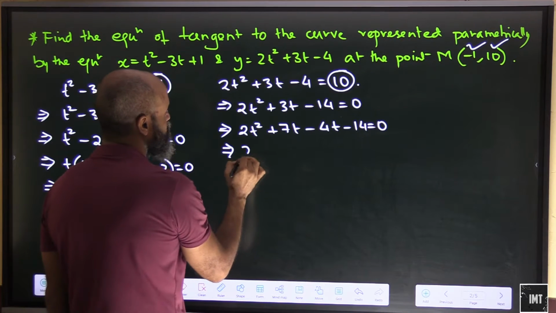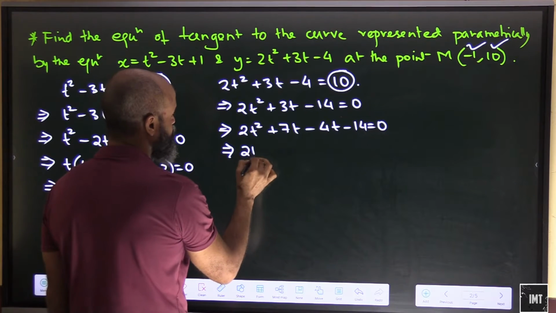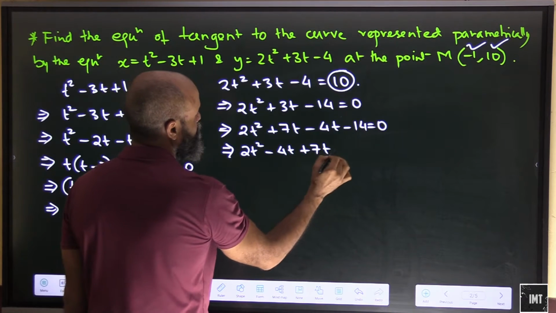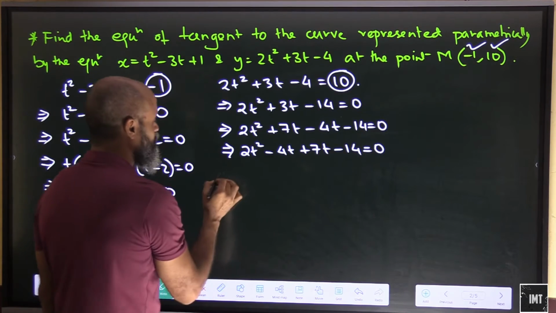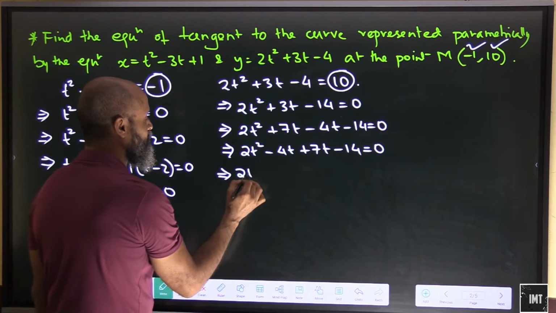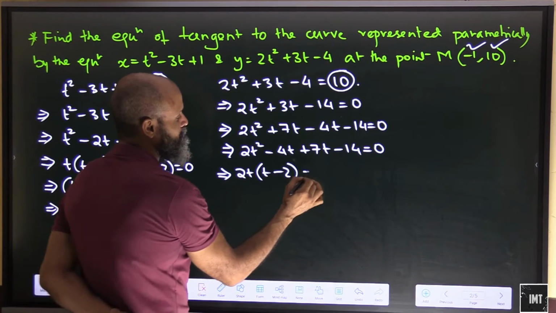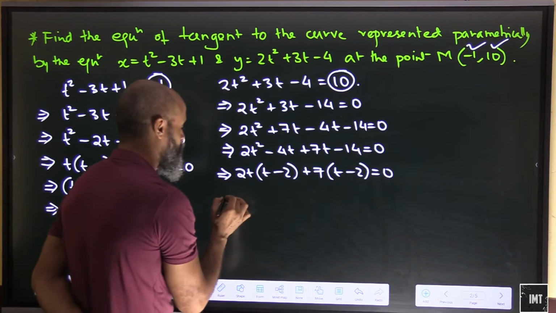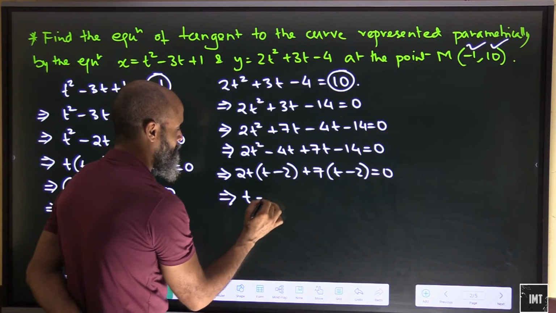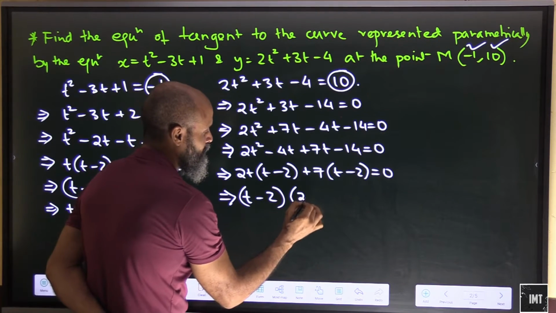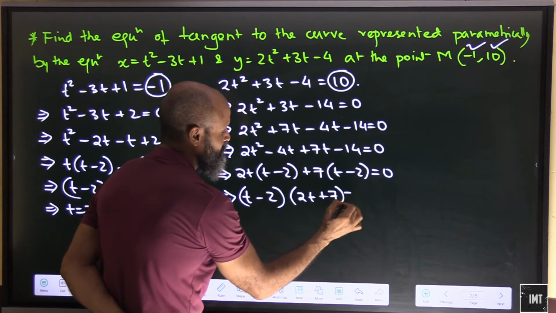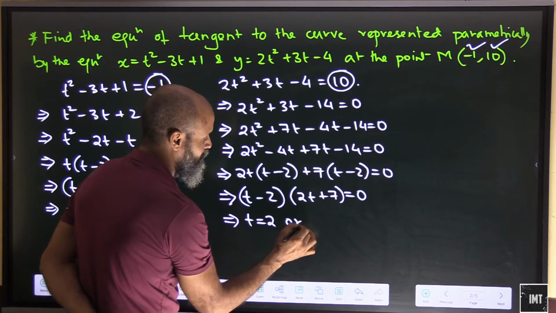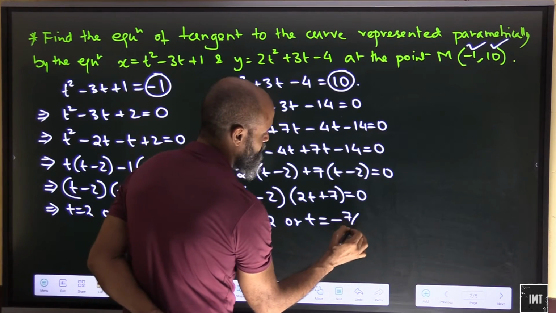So this can be written as 2t square minus 4t plus 7t minus 14 is equal to 0. So that's basically 2t into t minus 2 plus 7 into t minus 2 is equal to 0. So this will be t minus 2 into 2t plus 7 is equal to 0. So this gives either t is equal to 2 or t is equal to minus 7 by 2.